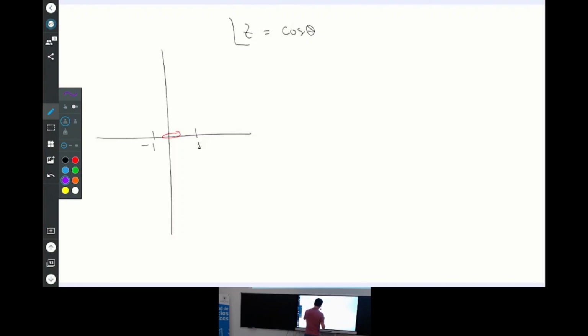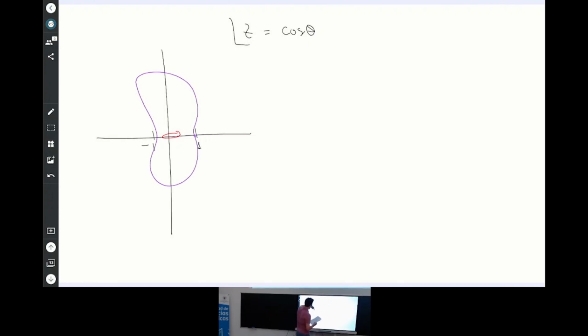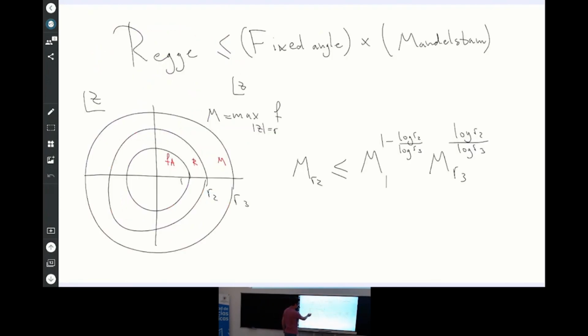Then you take some region which comes very close to theta equals 0. This becomes the Regge limit. And the third you take to be this circle which goes far into the complex plane. This doesn't look very convincing, so sorry, Pedro, but there is a specific transformation which I can show you, which maps this picture into three circles. And then you apply this theorem, and this becomes this bound.